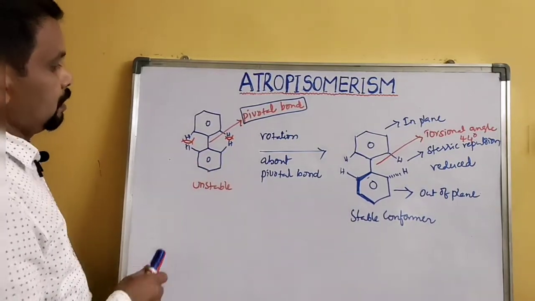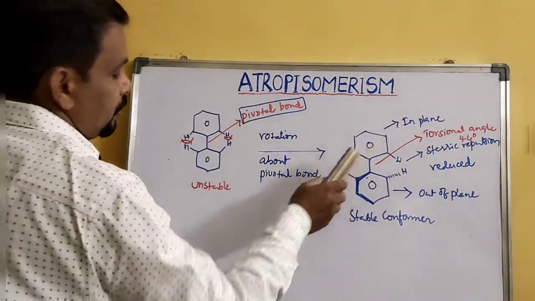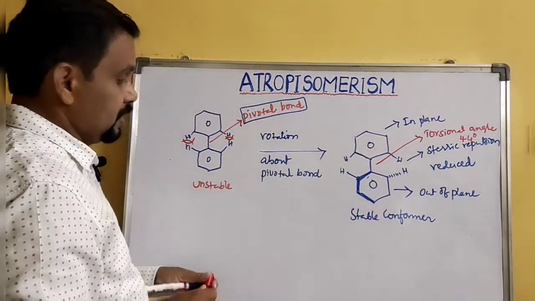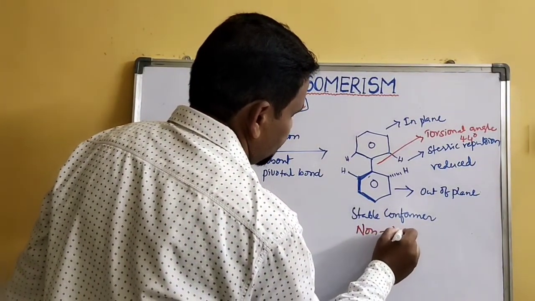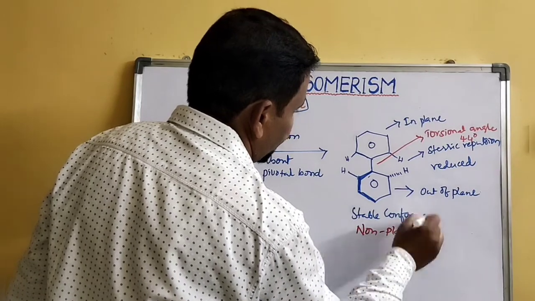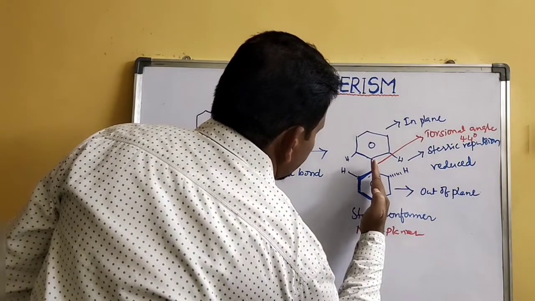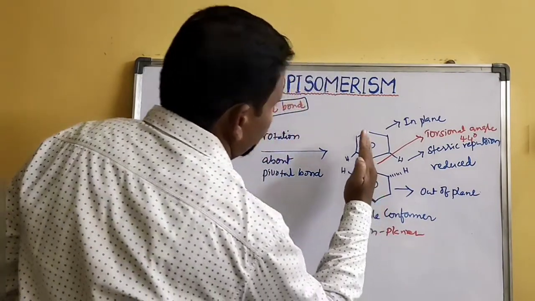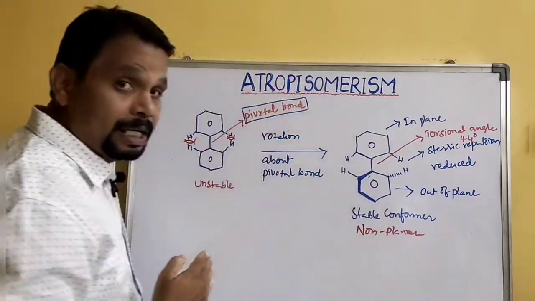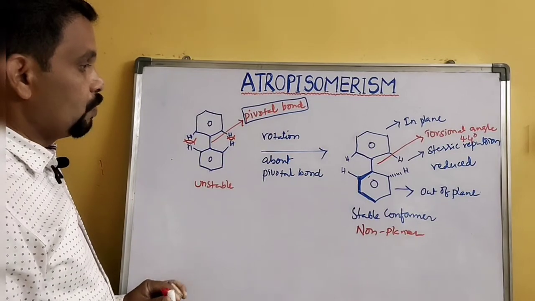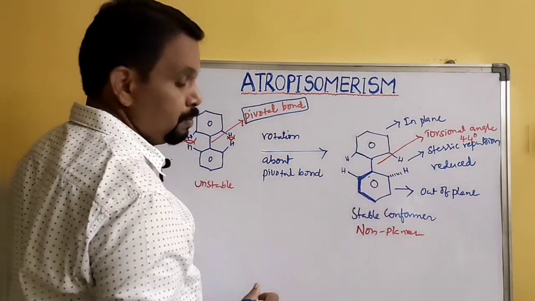So this is a non-planar compound, that means it is out of plane. The above ring is like this, the below ring is like this, perpendicular to each other. Why has the structure changed in this stable conformer?